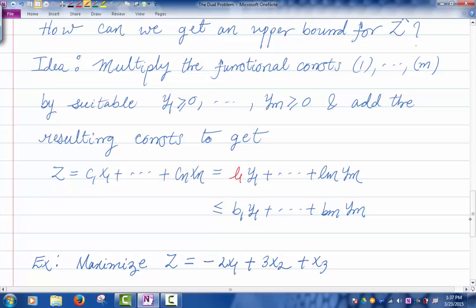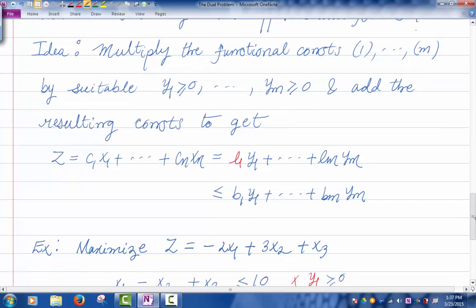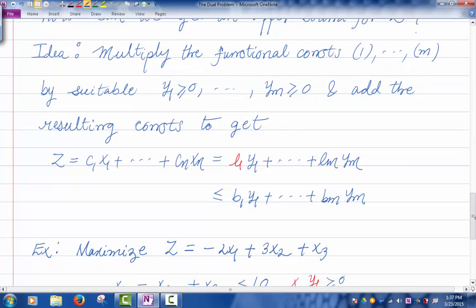The answer is, you're almost on the right track, except that so far we ignored something. What information did we ignore in our idea?